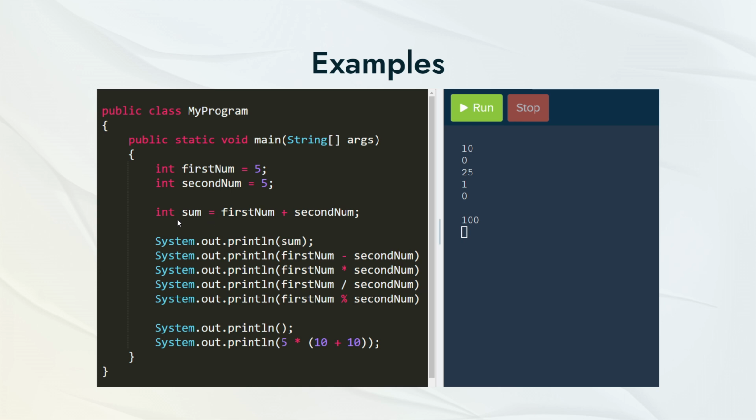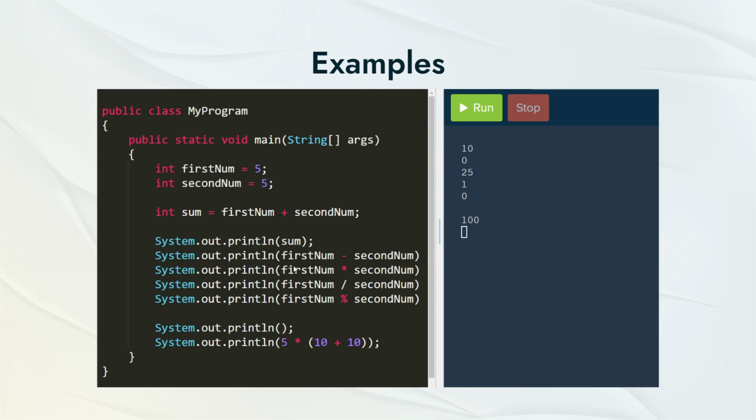However, I don't have to store it in a variable to print it. As you can see in the rest of my examples, I did it directly in the parameters of the print statement. So in the parameter itself, you can say firstNum minus secondNum. There's a semicolon, but it got cut off by this scrolling bar, but there is a semicolon there.